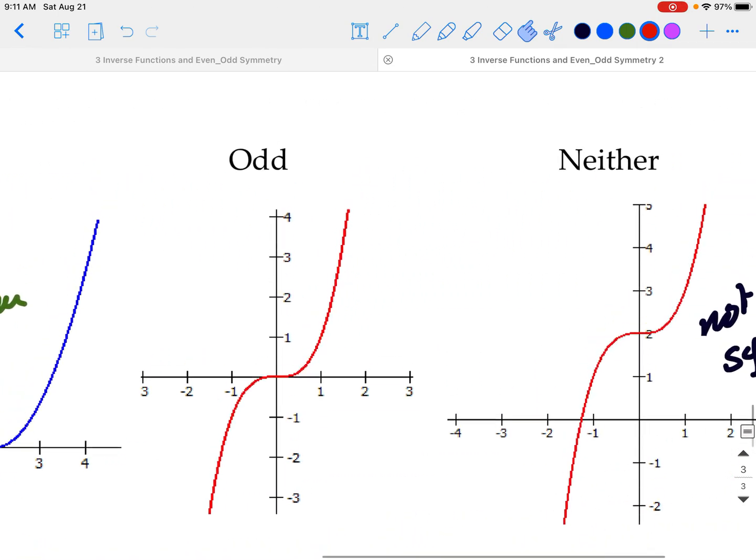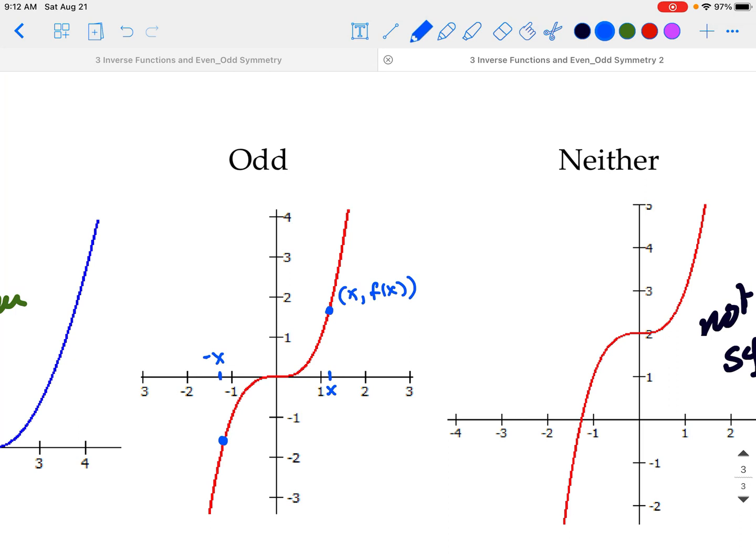For odd symmetry, it's going to be the opposite. So we're going to pick a value, again, in the same way, so some arbitrary value of x, and we're going to pick its opposite. But what we'll notice is those points are not going to map to the same values anymore.